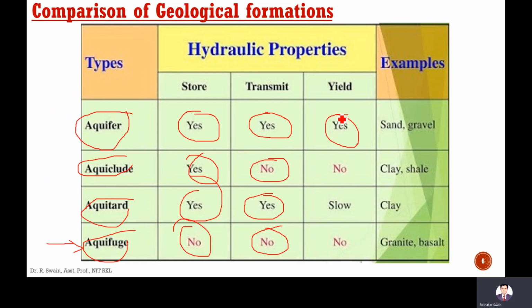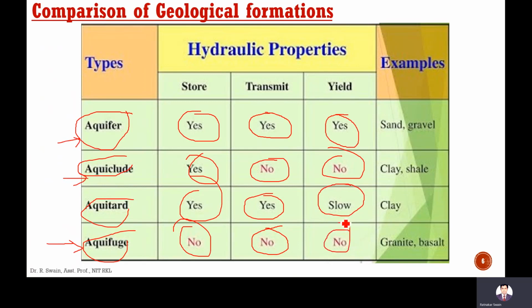On yield, an aquifer gives more yield because it can store more water and transmission can take place. Aquiclude has no yield because it is impermeable. Aquitard has slow yield; it is comparatively more permeable than aquiclude but less permeable than an aquifer. Aquifuge has no yield.